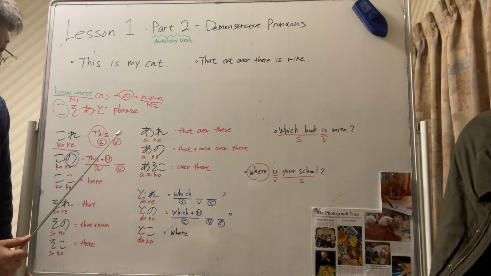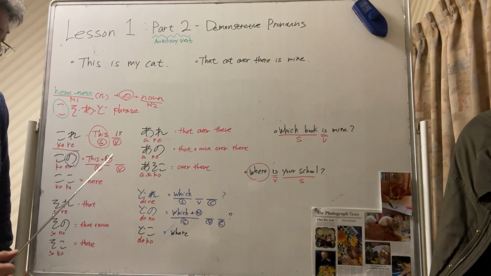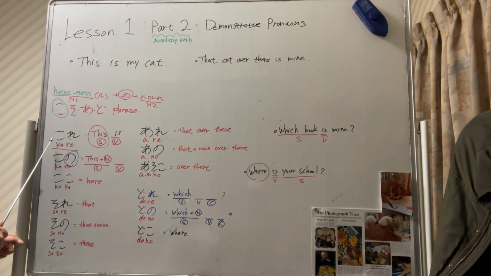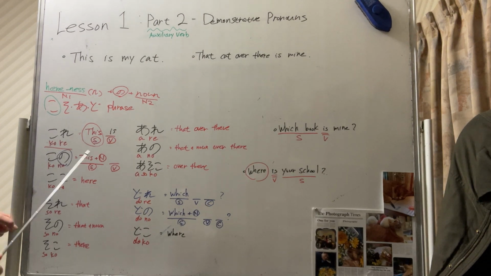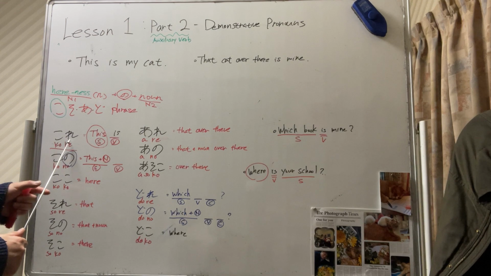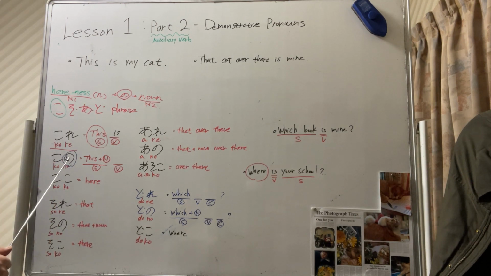Kono hon or kono neko, this cat, is mine. Watashi no desu. Instead of saying that, they tend to use kore hon or kore neko, even though after re you cannot have a noun.